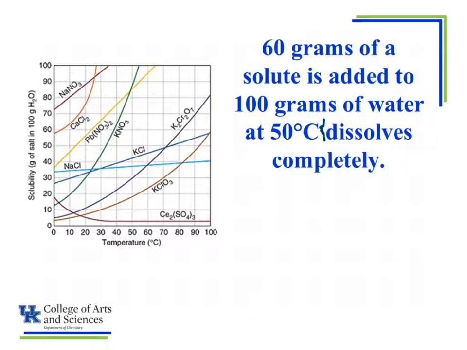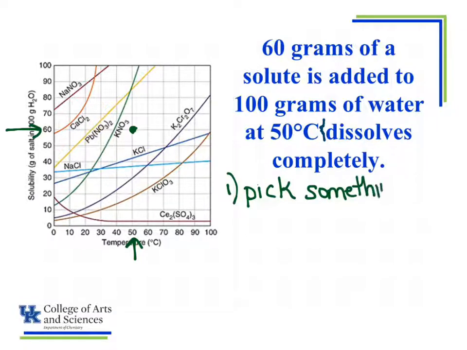So 60 grams of solute is added to 100 grams of water at 50 degrees Celsius and dissolves completely. The first thing I'm going to do is mark my 50 degrees Celsius and my 60 grams on my solubility chart and put a little dot where those intersect, just to help me keep track. Now I'm going to pick a substance that is above that dot in the curve, to figure out if a substance above that would be soluble or not.